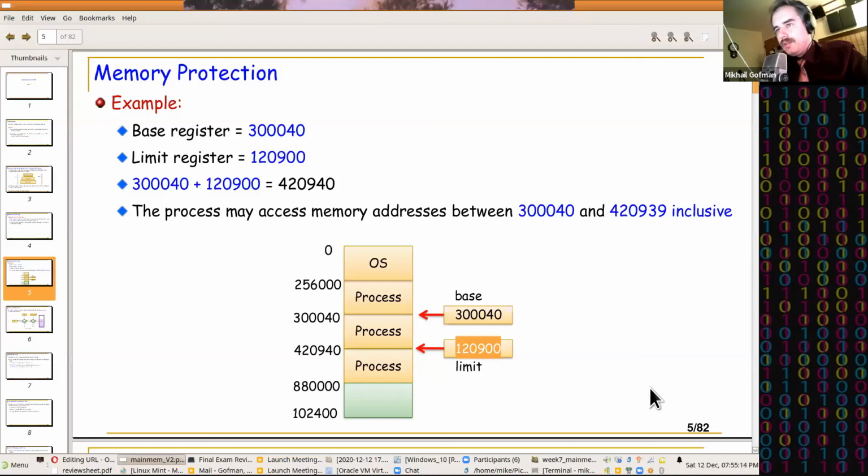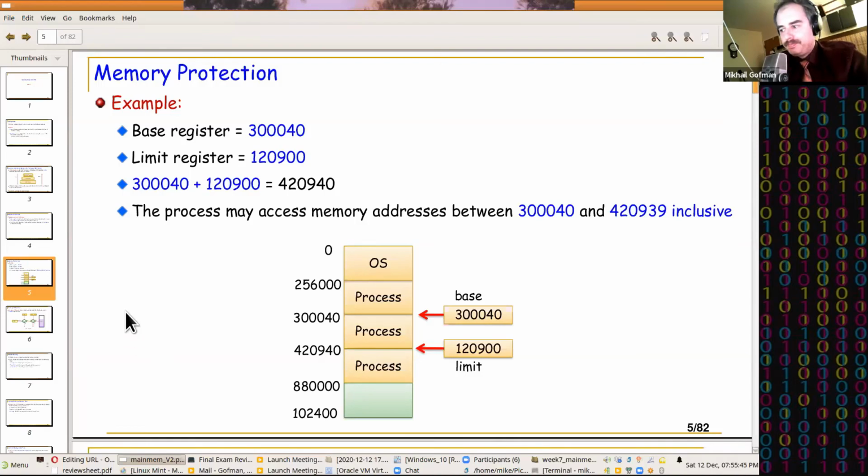So once again, this means that the process can access any memory location from 300040 all the way up to base plus limit minus 1. In other words, any location up to 420,939. Okay, that's how we do it.